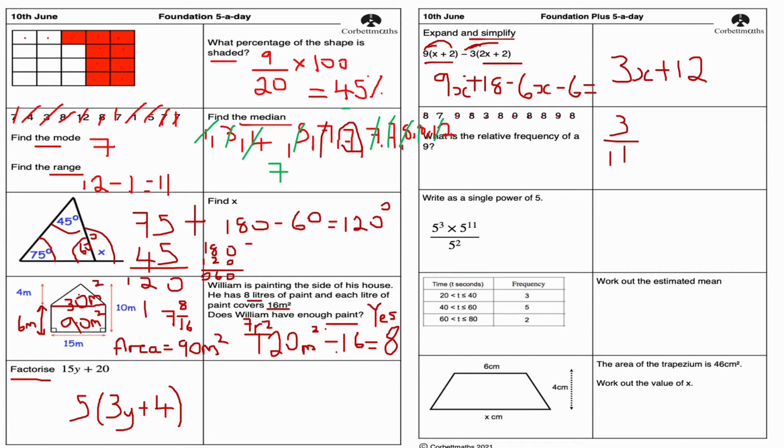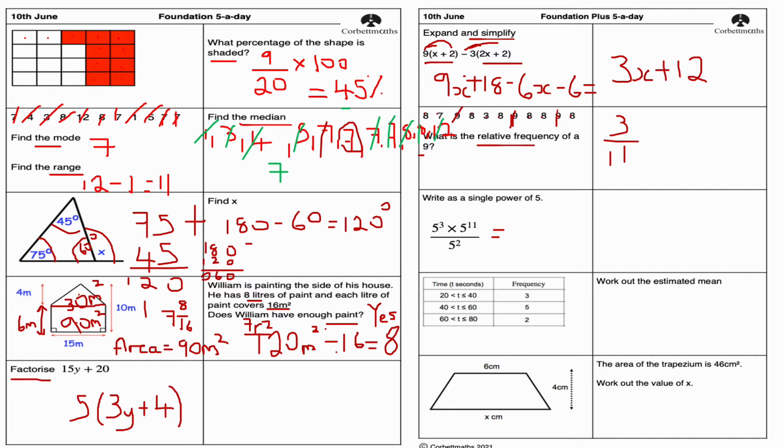Okay, so relative frequency is just a posh way of saying what is the probability of getting a 9, out of this. I've got 1, 2, 3, out of 1, 2, 3, 4, 5, 6, 7, 8, 9, 10, 11. Okay, next question, guys.